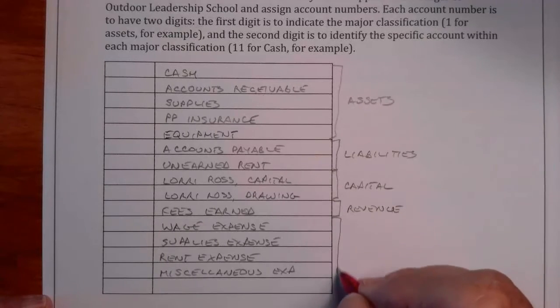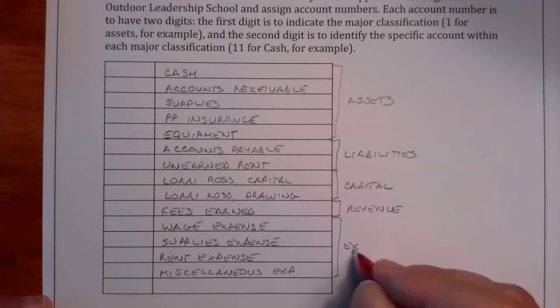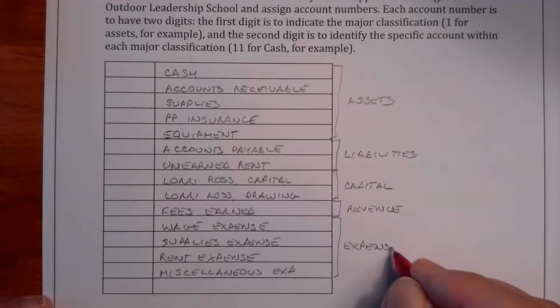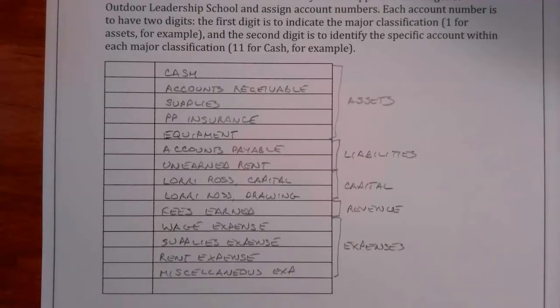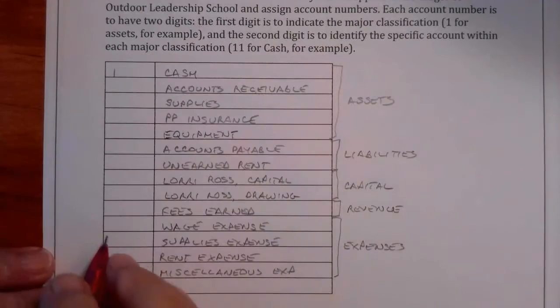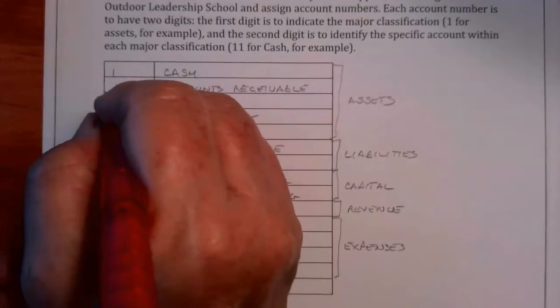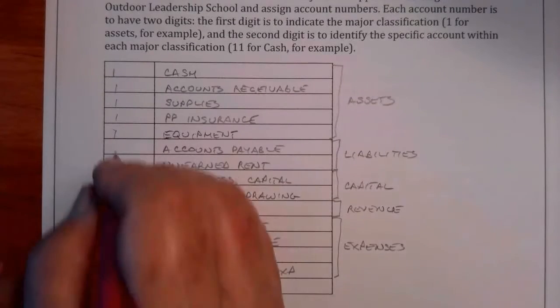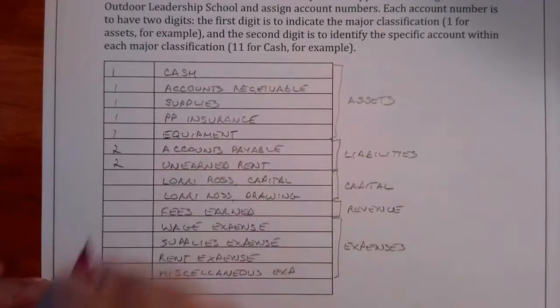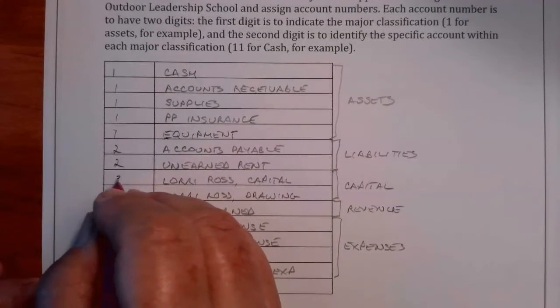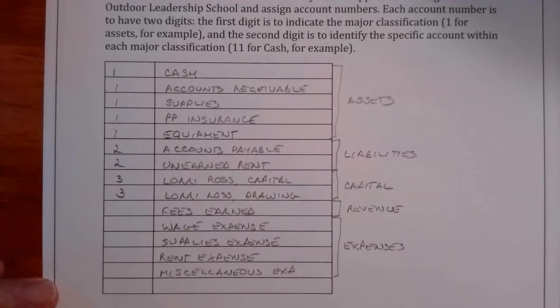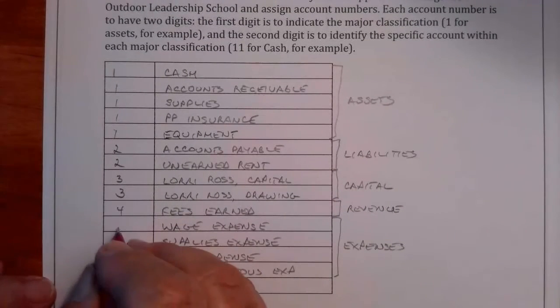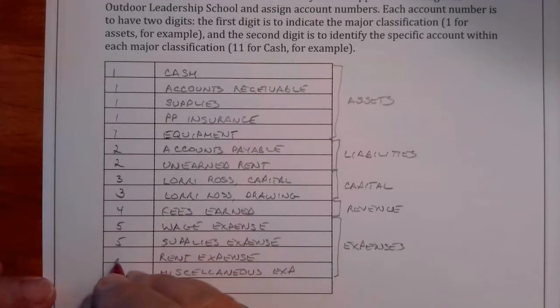And then the last four accounts are all expenses. So all of the asset accounts would have, say, a 1 as a prefix in the account number. Accounts payable and unearned rent, we could make those 2s, and the equity accounts could be 3s, and the revenue account would be 4, and the expense accounts would all begin with 5s.